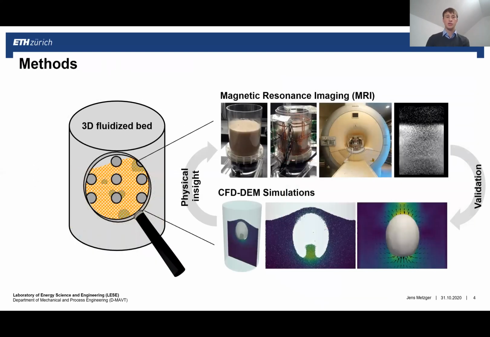In order to do so, we have decided to pick two methods. One method is magnetic resonance imaging. This is a technique that enables us to look inside of the opaque granular matter in a 3D bed.